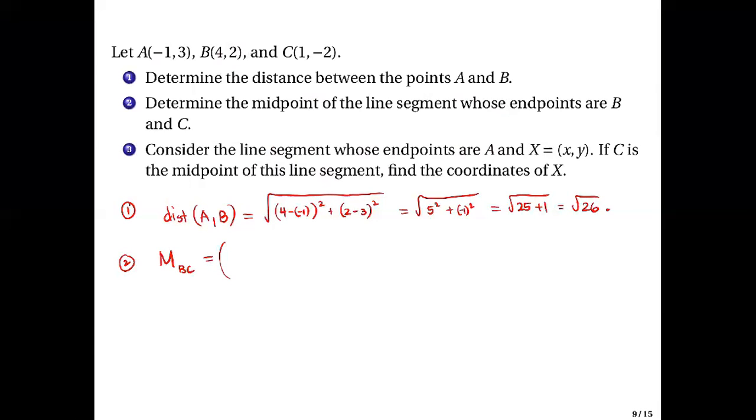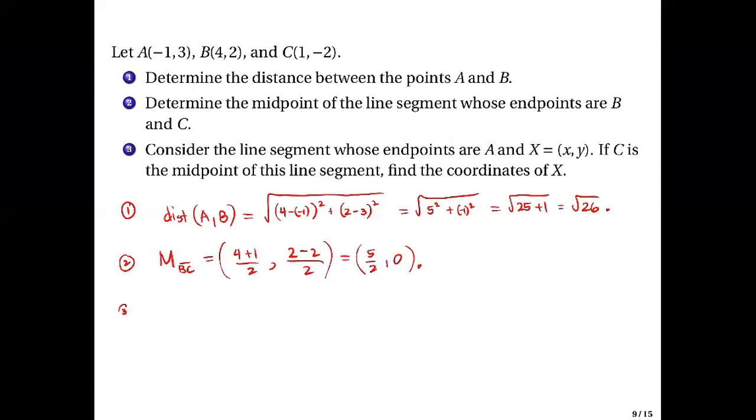So for the x coordinates, you have 4 plus 1 divided by 2, comma. For the y coordinates, you have 2 minus 2 divided by 2. So this is just 5 over 2, comma, 0. So this is the midpoint of the line segment with endpoints B and C. Okay?